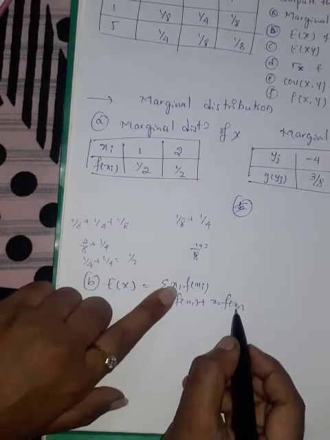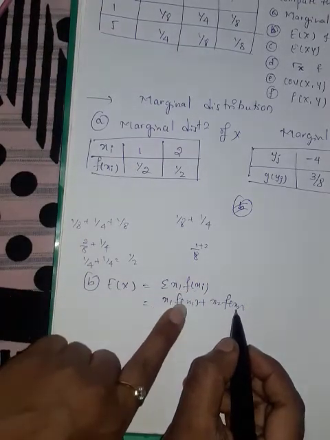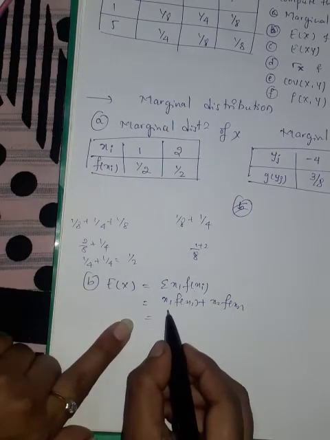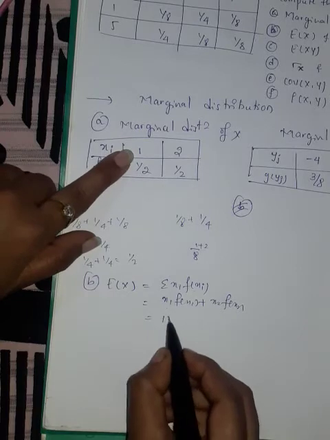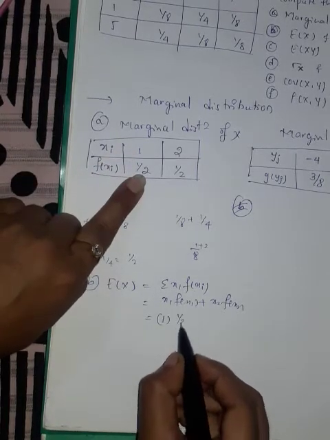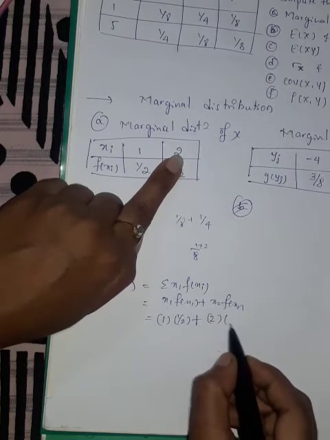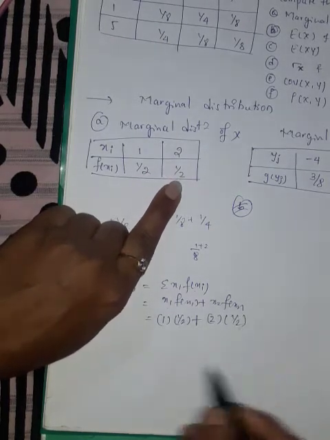So x1 here is 1, f of x1 is 1 by 2, plus x2 is 2 and f of x2 is 1 by 2.